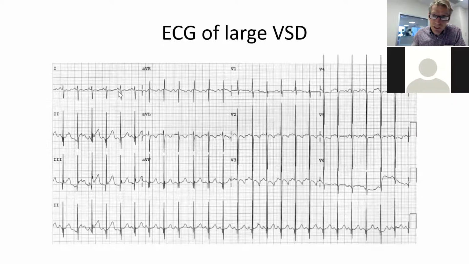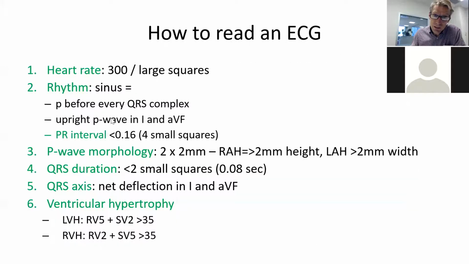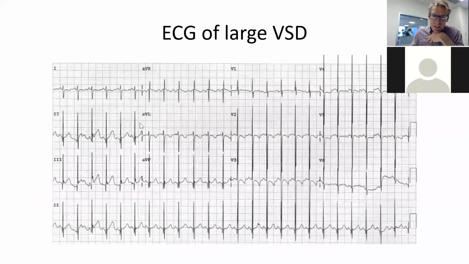The next thing to look at is whether or not it is sinus rhythm. So remember, what did I say to look at? The P wave before the QRS complex. That's right. And what else?